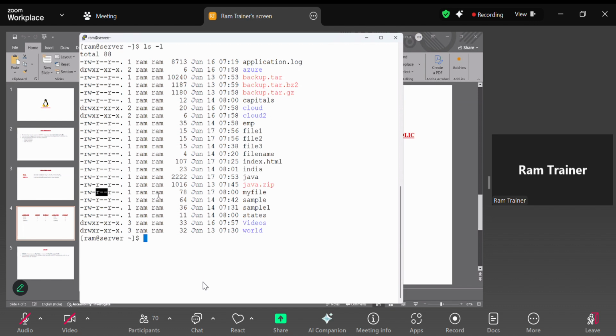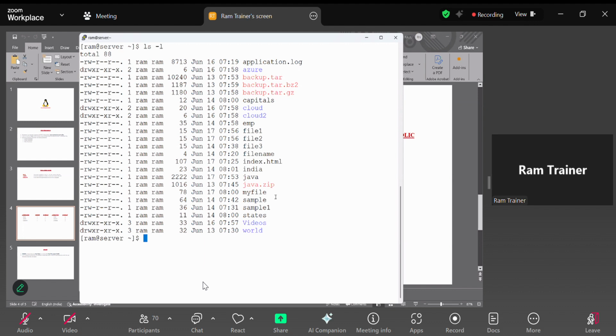Again, members of the group Ram can manage my file with read only. And the last 3 bits are called others. Others also can manage my file with read-only permissions. This is the way you can identify file permissions at the user level, group level, and others level.